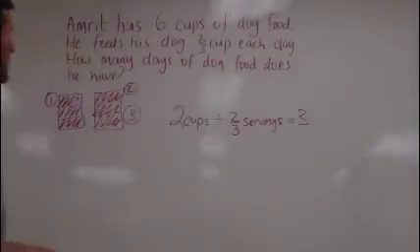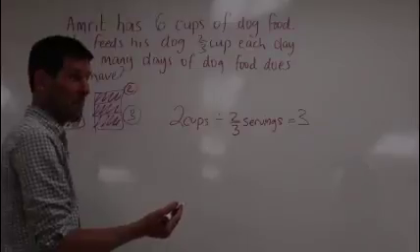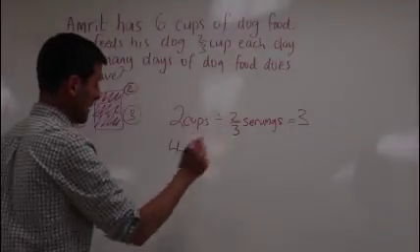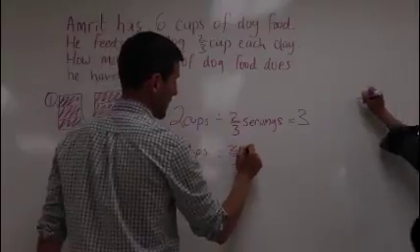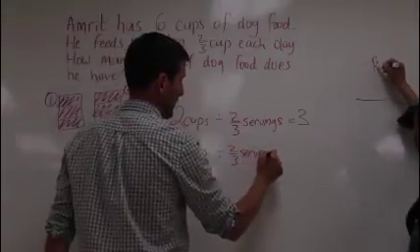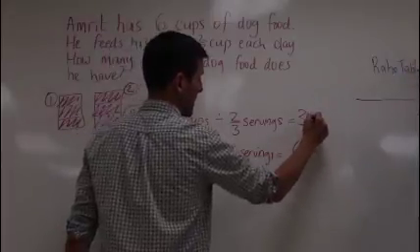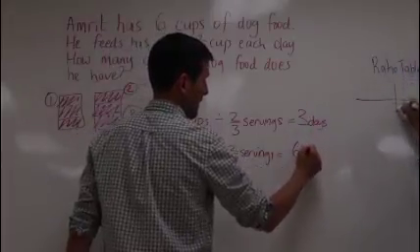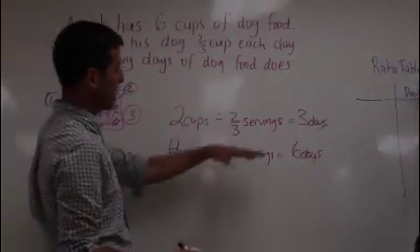Okay, well that's interesting because I have 6 cups in total, so I might say to myself, feel free to jump in anytime, Roxanne, 4 cups divided by 2/3. Okay, so then I'm going to have 6, so this is days. Okay, and then I could do some additive thinking.